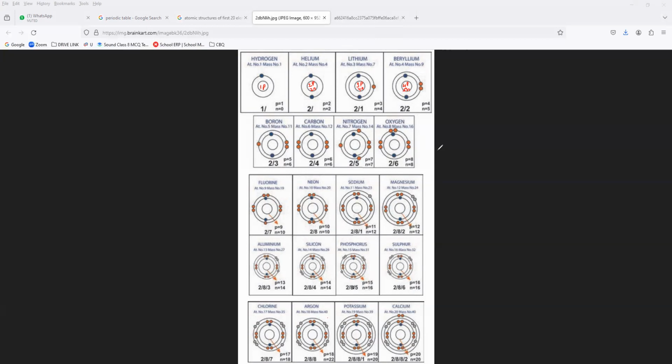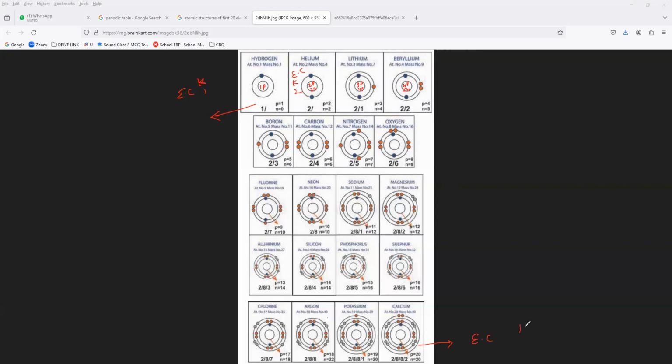Now your duty after this class is to draw the 20 elements beautifully, and write one more point for all of them. You should write the electronic configuration. Below it, put EC and write the electronic configuration, K1, K2, like that. For example, calcium, what is the electronic configuration?